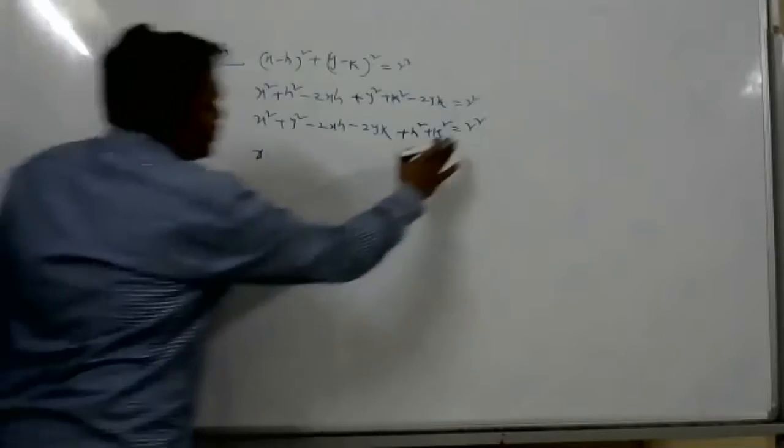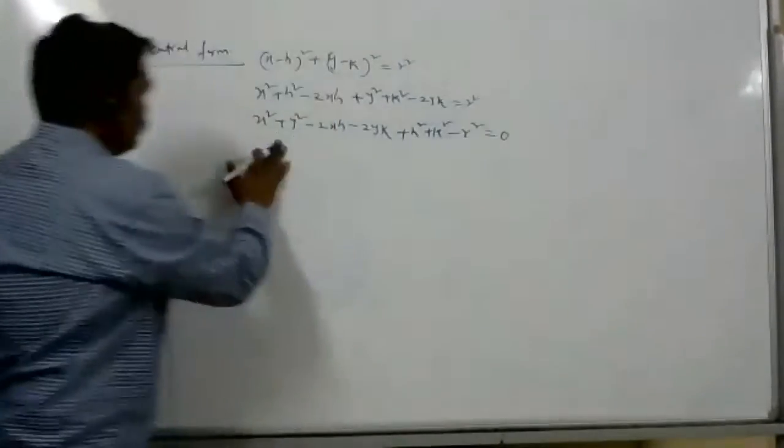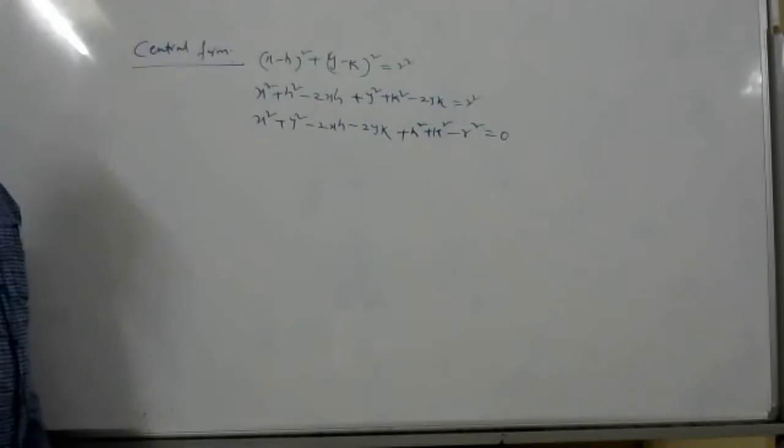Sending r square to this side, minus r square is equal to 0.